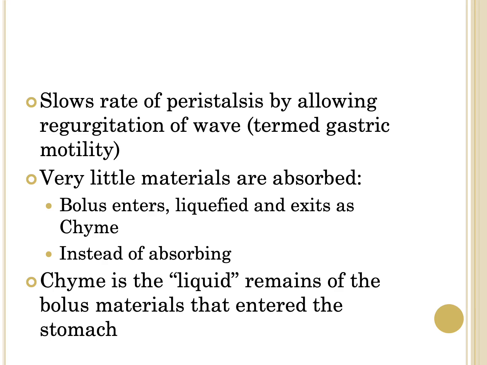Most of what is occurring within the stomach is liquefaction of the digested material. What can be absorbed is anything that is going to be membrane soluble. The most prominent thing absorbed within the stomach is ethanol. But once again, most everything is going to be passed along in the chyme that's going to be exiting the stomach.